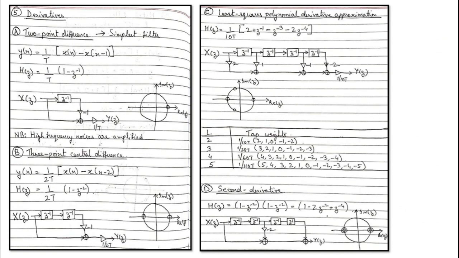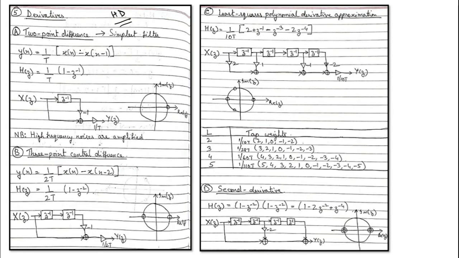Now the first one was the low pass filter. The second are the derivative filters. Derivative filters are basically high pass filters. Keep the acronym in mind, HD. We are all quite familiar with HD, high definition systems.